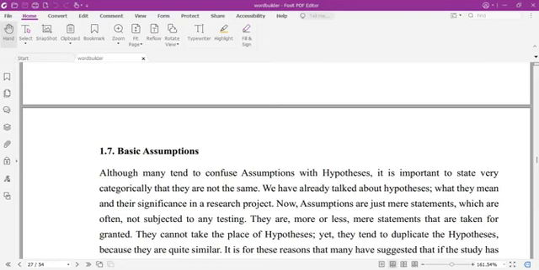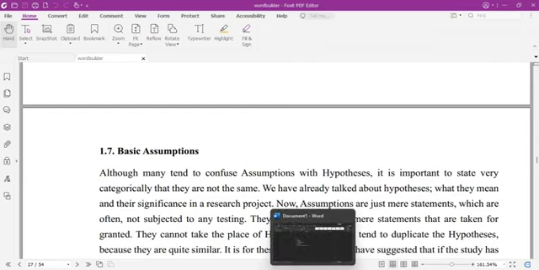We have already talked about hypotheses. Yes, we've talked about hypotheses, what they mean, and their significance in a research project. Remember, we've talked about hypotheses initially. Now, assumptions are just mere statements. Oh, sorry, I've not written this down.